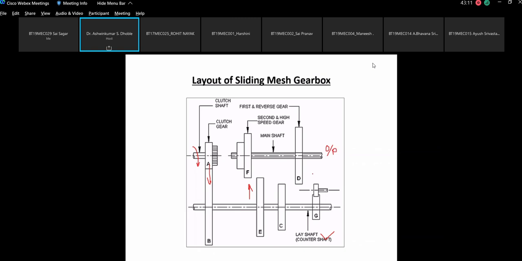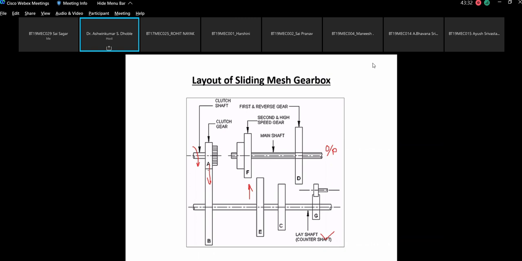So how will it happen, sir, in the sliding mesh gearbox? The power will come from here, and there will be power which is given to this input. Then on this particular input shaft, there is the clutch gear which is mounted. This is called a clutch gear, but this is part of the gearbox.